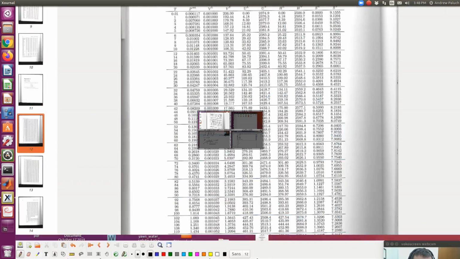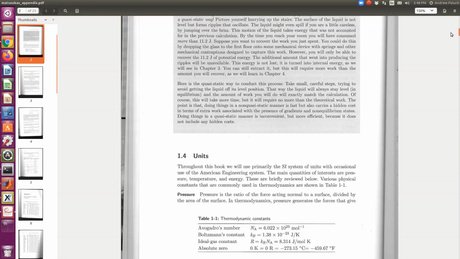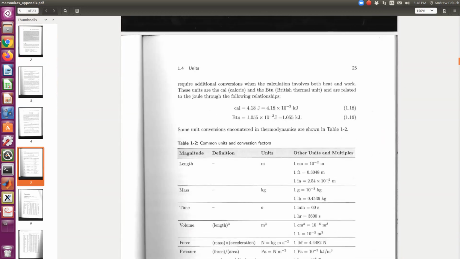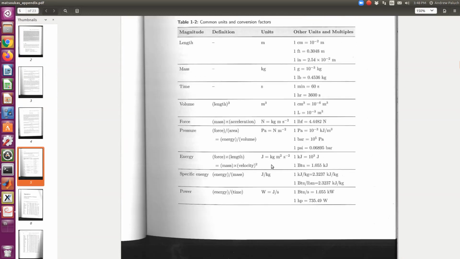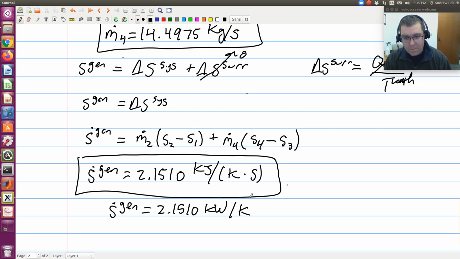Cool, and that's it. In terms of converting from our rate, so power, 1 watt is 1 joule per second. So I could rewrite S dot gen: a kilojoule per second would be a kilowatt, so I could write this as 2.1510 kilowatt per Kelvin.